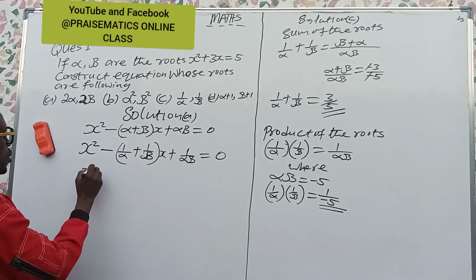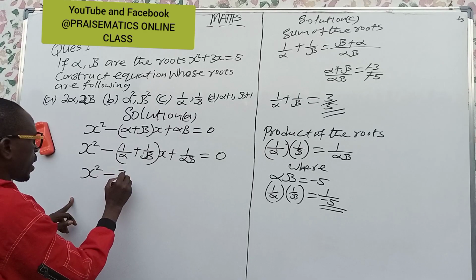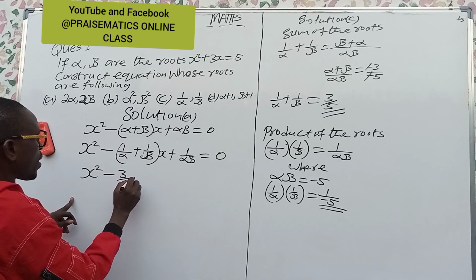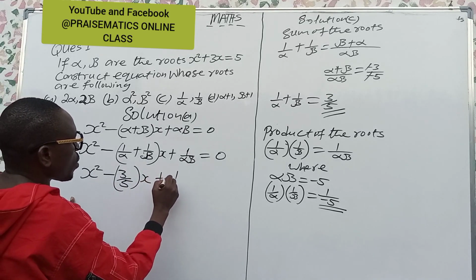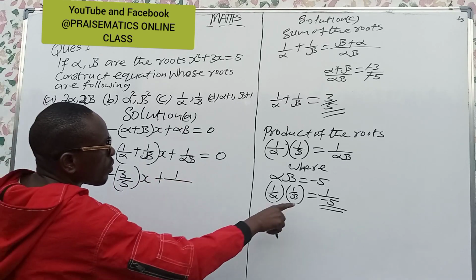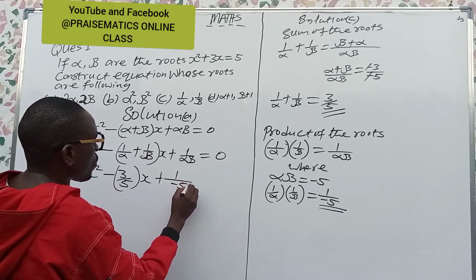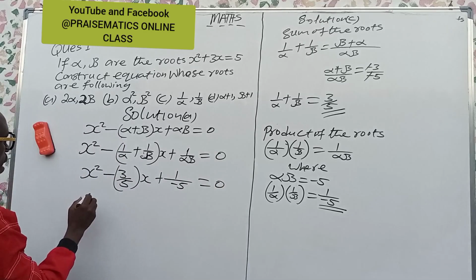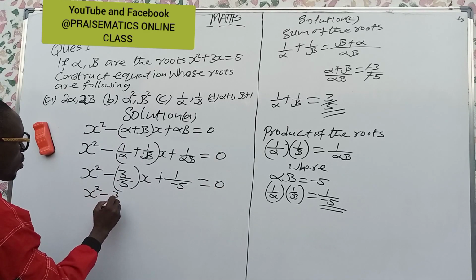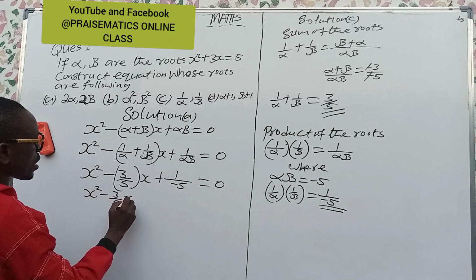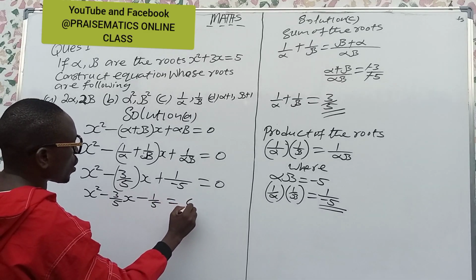And what do we get? x squared minus 3 over 5, all into x, plus 1 over minus 5, equal to 0. Finally, x squared minus 3 over 5 x minus 1 over 5, all equal to 0.